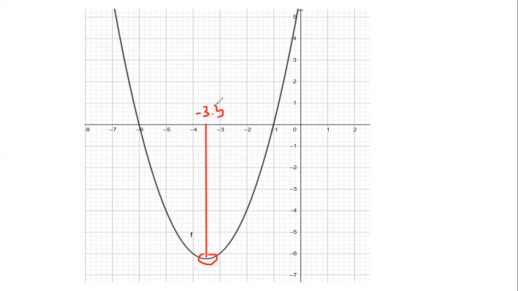So that is the x coordinate. So when you write the coordinate, bracket negative 3.5, right? So that is the x coordinate, right? Then comma, so you should find the y coordinate. So to find the y coordinate of this turning point, you should go to the y axis, right?